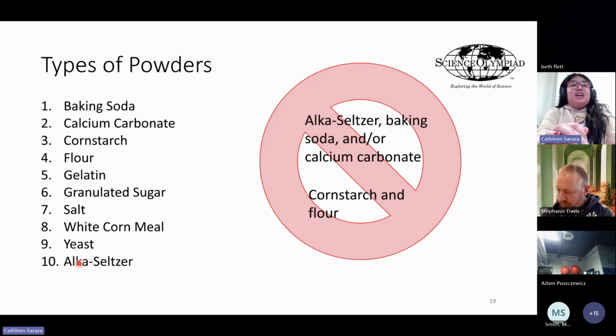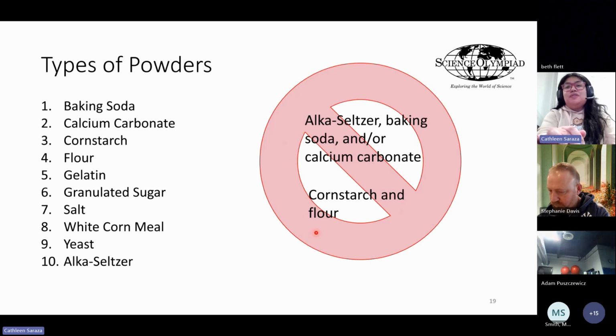There are 10 different kinds of powders, and there are forbidden or not allowed combinations of powders. I will never give these two combinations of powders to your students. The first combination is Alka-Seltzer, baking soda, and or calcium carbonate. Any combination of those three will not be seen on the test.